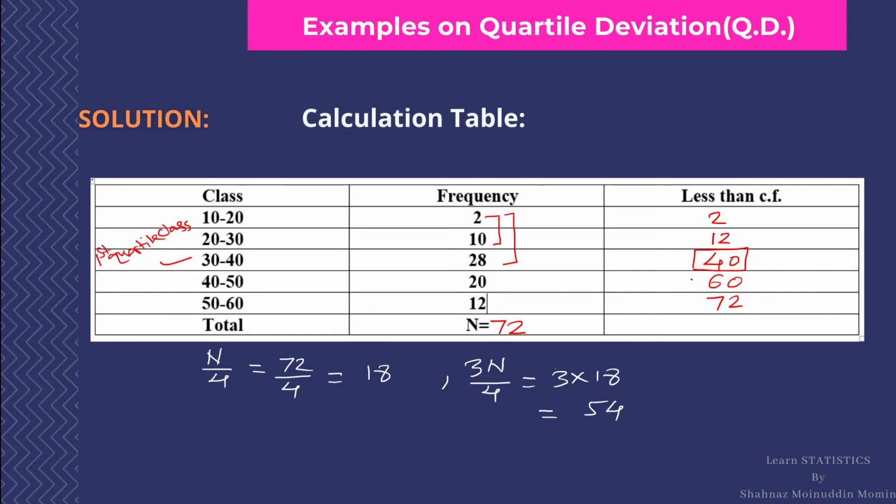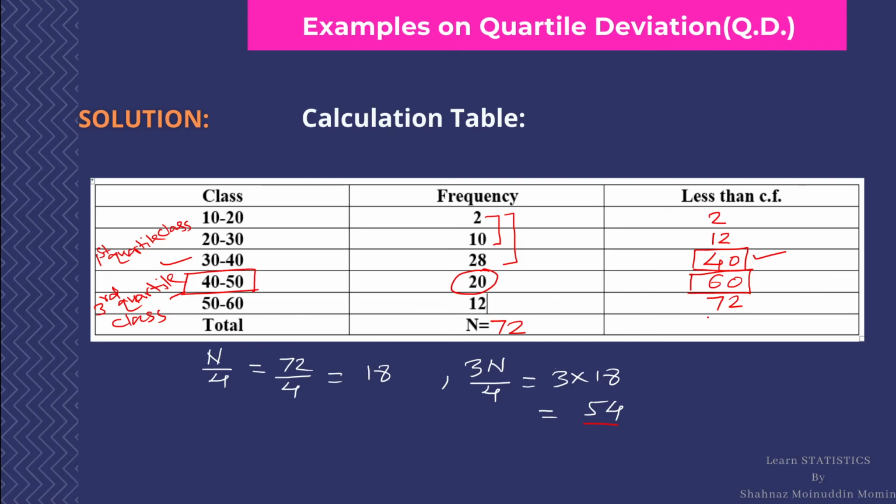By observing the less than cumulative frequency column, we obtained 60 is a cumulative frequency which is just greater than this 54. Hence, the corresponding class 40 to 50 is the third quartile class, which has frequency 20. And its previous class has less than cumulative frequency 40.